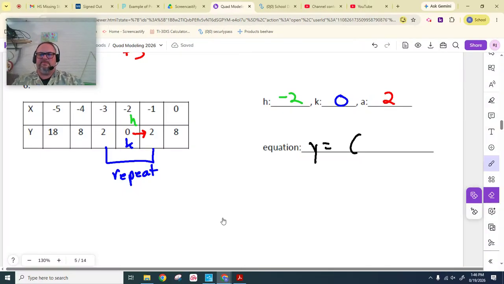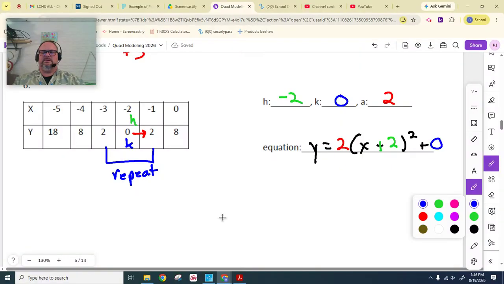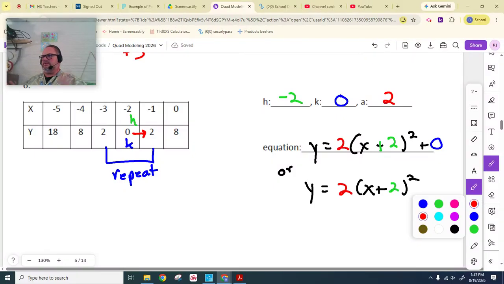Straight mark. Alright, so this would be 2, and then, because it's negative, this changes to positive. Alright, you could write it like this, or you could write it like this. Either one of those is okay, totally acceptable.